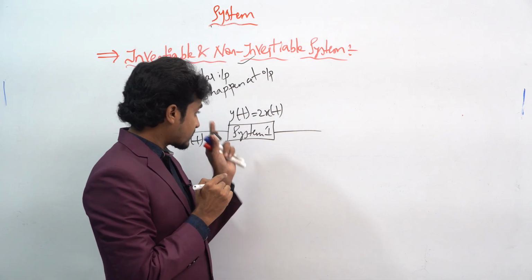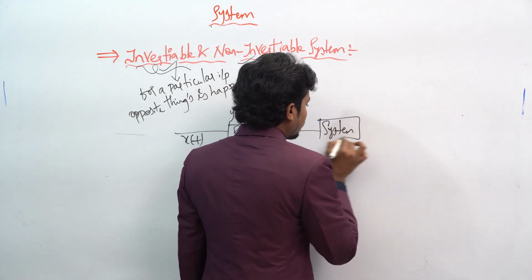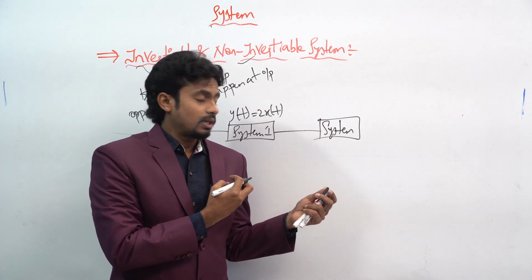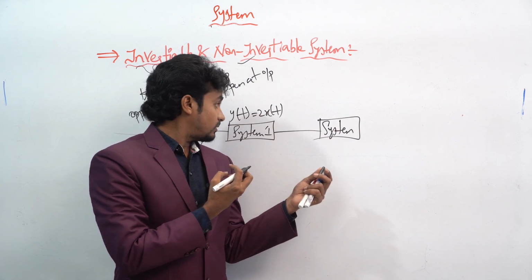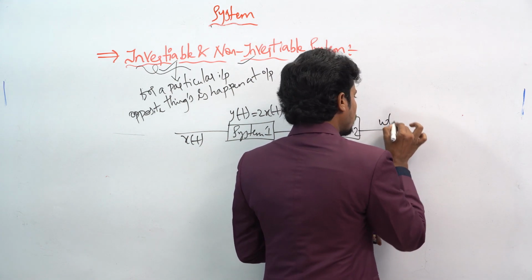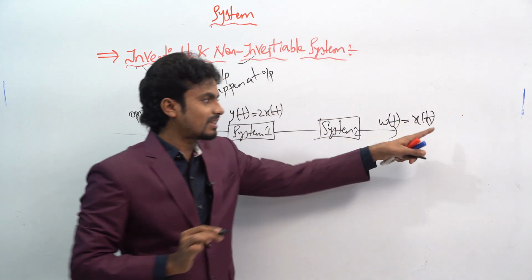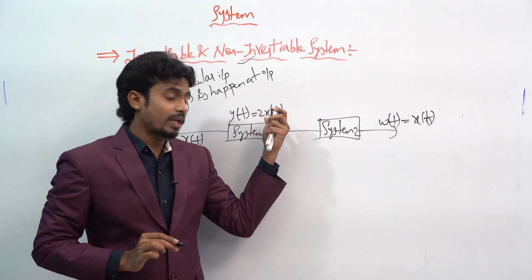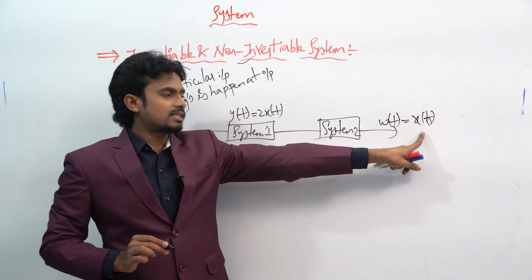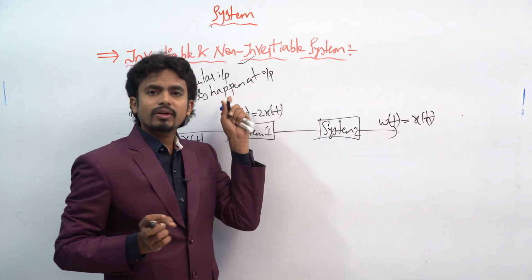Next, if I want to get back that input, for example, take system 2, this will be w of t, that will be equal to x of t. If you get this, here you get the 2 times, but when you apply it to system 2, then you will get w of t equal to x of t. Then that type of system is said to be an invertible system.